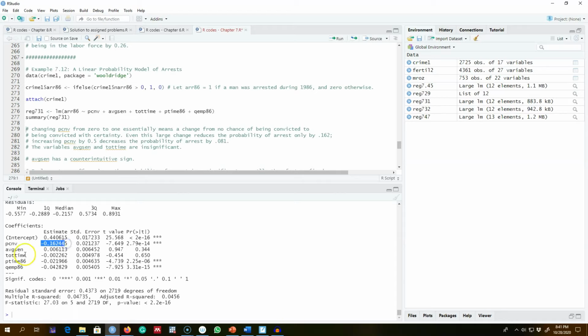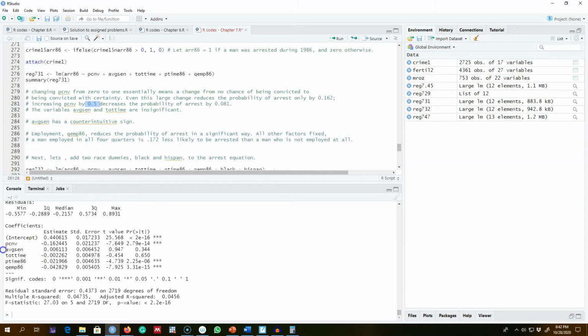That is, increasing the proportion of prior arrests by 0.5 decreases the probability of arrests by 0.08. So this coefficient value 0.018 is the multiplication of this coefficient value by 0.5.